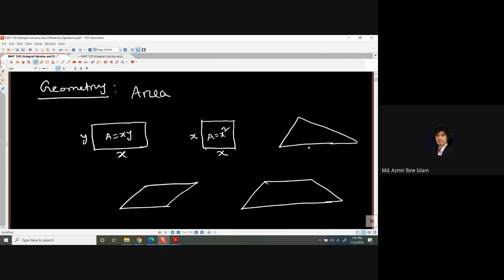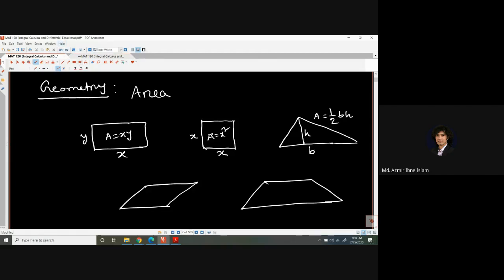For this triangle, if the base is b and the height is a, then the area can be found by 1 by 2 base into height. So this is how we can find the area of a rectangle, of a square, or a triangle.